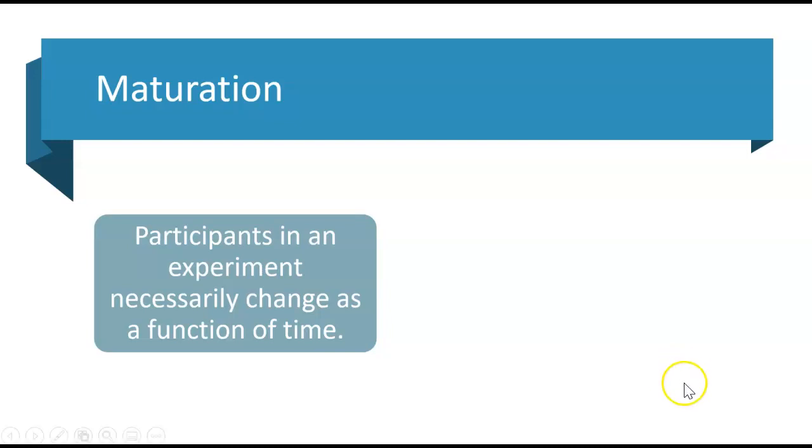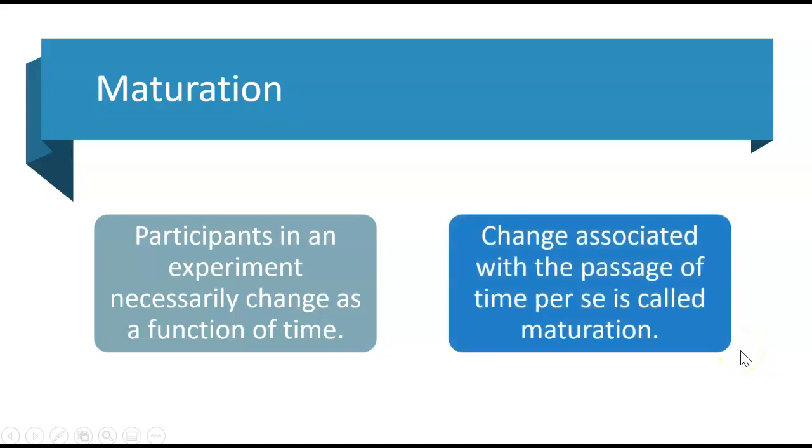So participants in an experiment are less vulnerable if it's a short-term experiment, more vulnerable to maturation if it's long-term, but people change as a function of time. If we're talking about maturation effects, just the simple passage of time can lead to changes in behavior. So that's what's called maturation effects.